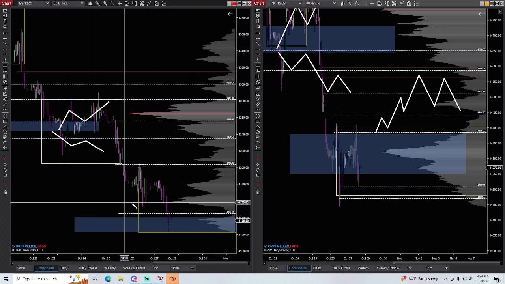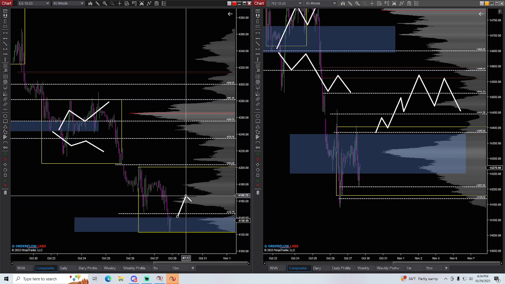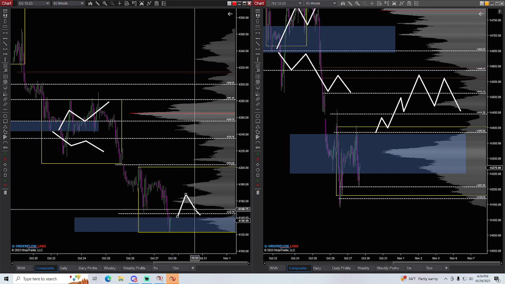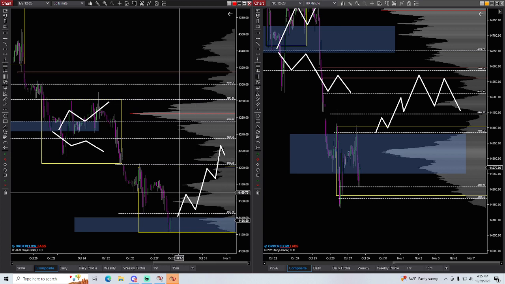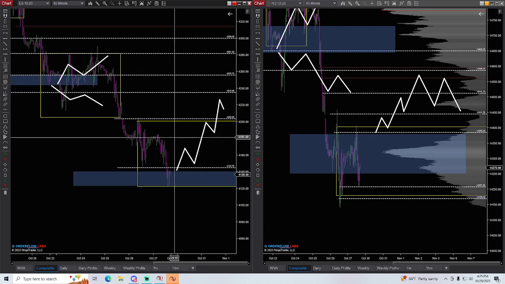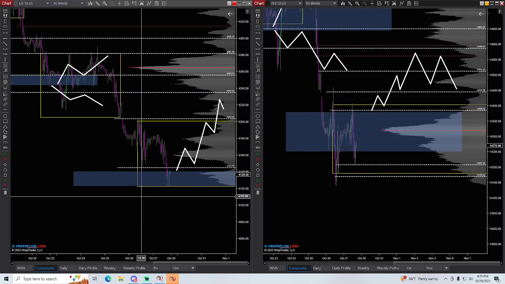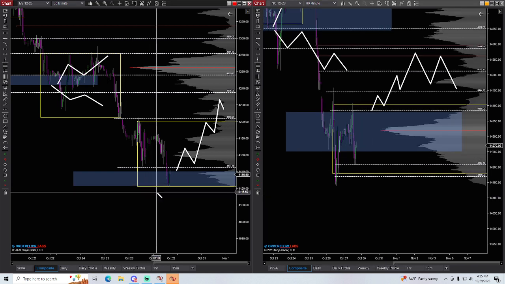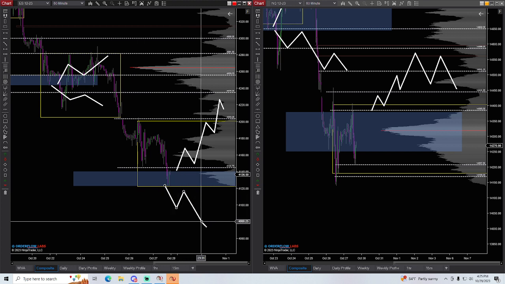Same thing on the S&P. We could sweep higher to this 4170, come back down, retest this 4150 area, come up to the 4200, and build higher. If that is not the case, these are my value areas that I'm looking for. If we break lower, I'm looking for a push and then a retest lower.